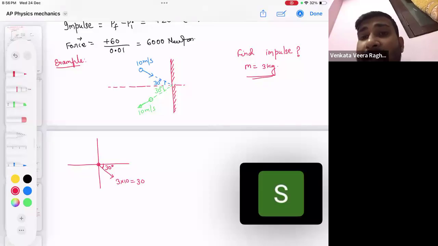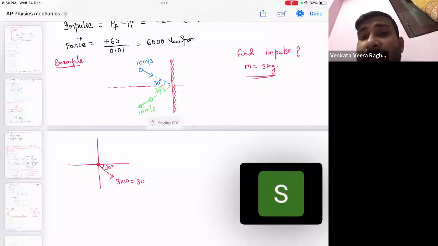So if two directions are involved, I should bring i cap and j cap in my calculation because I have to write a vector, isn't it? A vector has both magnitude and direction. So that's why it is always better to write it in the i cap j cap form.